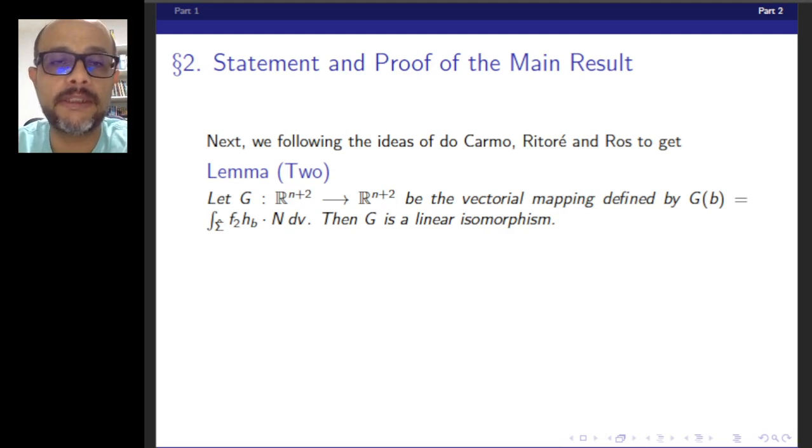This integral, not a mean, but just the integral. You don't divide by the volume of sigma hat. But this integral is a linear isomorphism. Okay, the idea is very similar to the idea of Ducharme, Ritoré, and Royce in the paper.